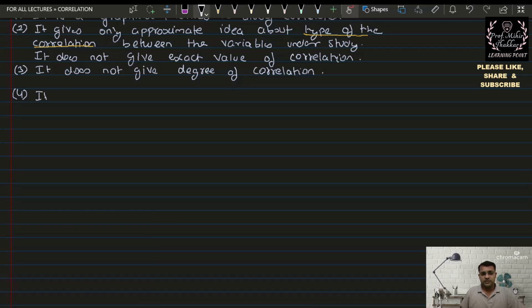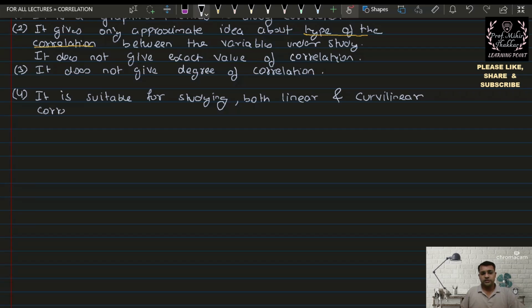It is suitable for studying both linear and curvilinear correlation.